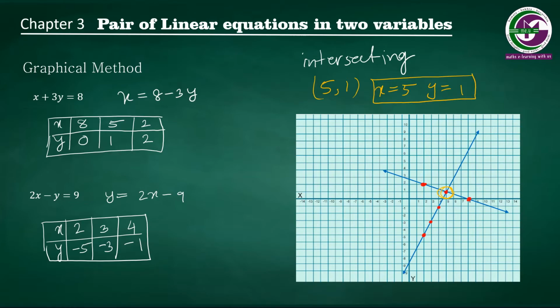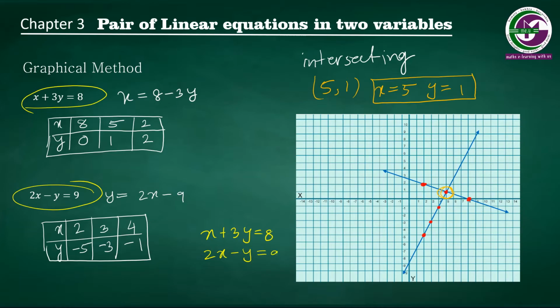What is the pair of linear equations here? x plus 3y equals 8, that is this one, and 2x minus y equals 9. For both equations, x equals 5 and y equals 1 is the solution. If you substitute x equals 5 and y equals 1 in both equations, the LHS and RHS will be the same.